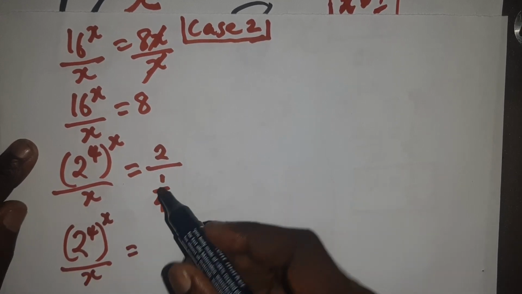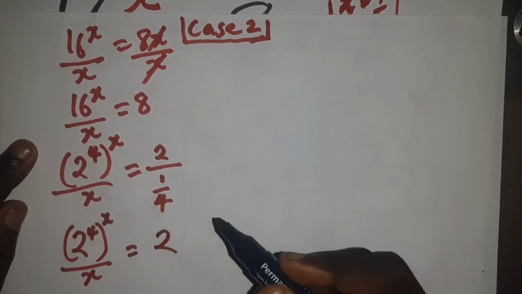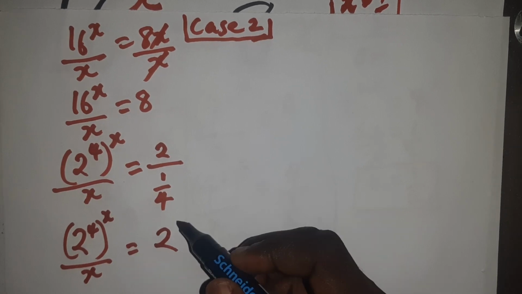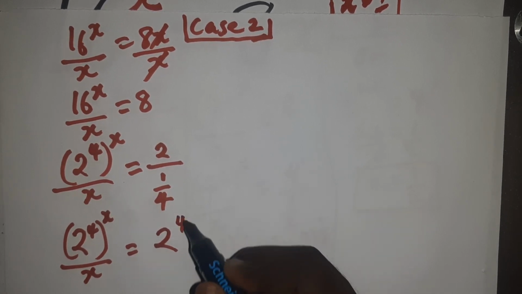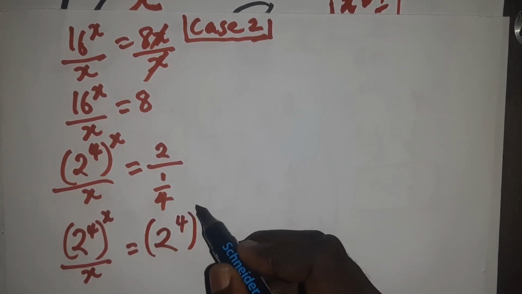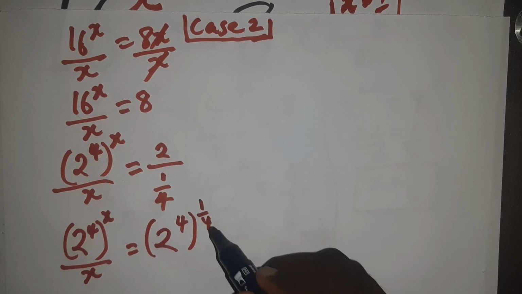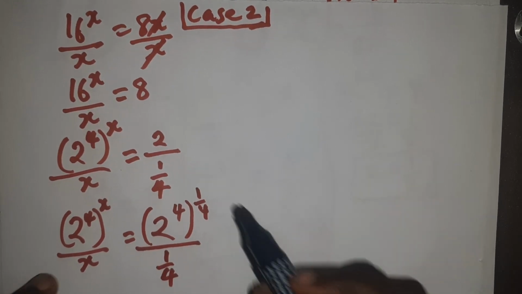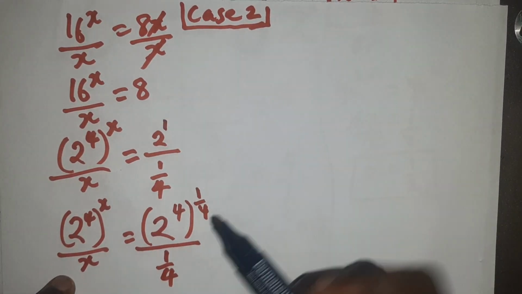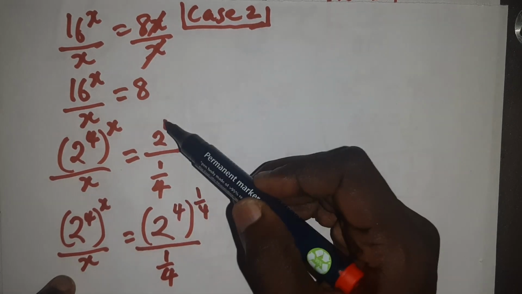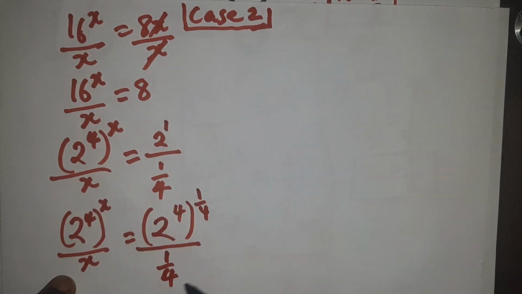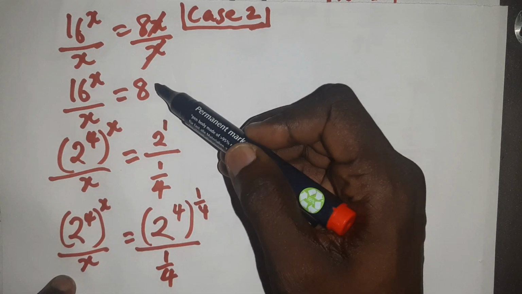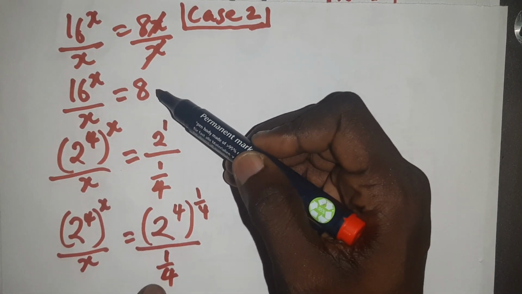Now the right hand side, we can have it as 2 raised to power 4, open bracket, power 1 over 4, then everything divided by 1 over 4 also. Remember, this is power 1 here, and if you multiply 4 by 1 over 4, you still get your 1, and if you simplify everything on the right hand side, you still get your 8, which is the original value for the right hand side.